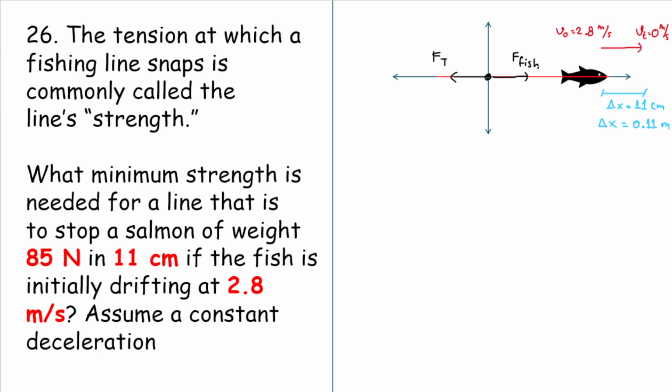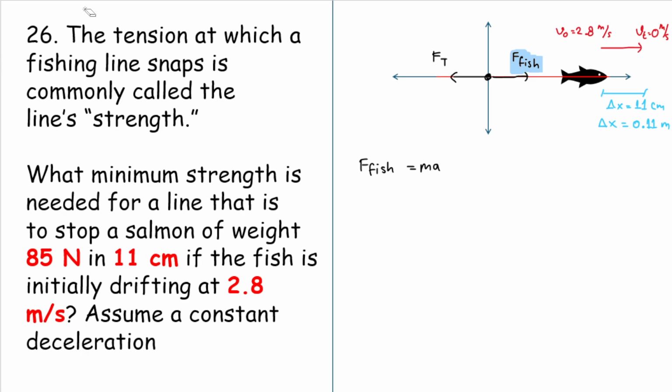We need to calculate the acceleration first, because the force by the fish on the right-hand side equals mass times acceleration. To counter that, it will also equal Ft, right? So Ft has to be greater than or equal to F fish. So we will have to calculate F fish first.